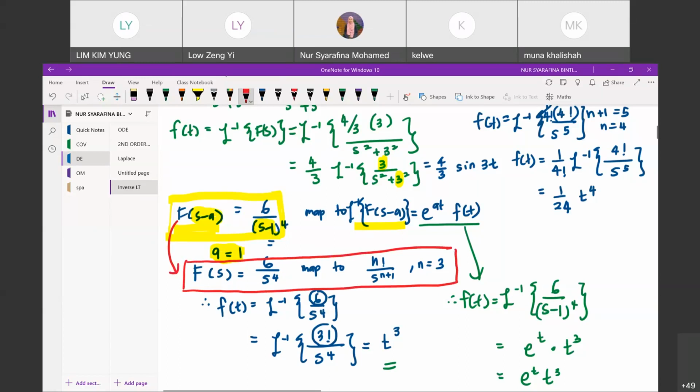Okay, so this 6 over s to the power of 4 is actually mapped to n factorial over s to the power of n plus 1, because this is 4. So when n plus 1 is 4, n equals 3. So you know that this maps to what? Ft equals t to the power of n when n equals 3.